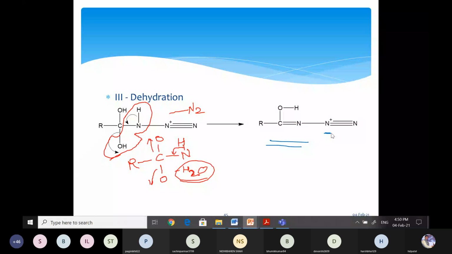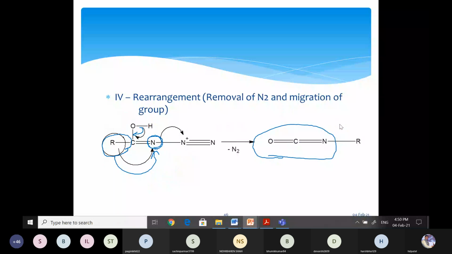When we have an electron deficient nitrogen, at that time migration of the group will take place from the electron sufficient carbon to the electron deficient nitrogen. So R will migrate from the electron sufficient carbon to the electron deficient nitrogen.